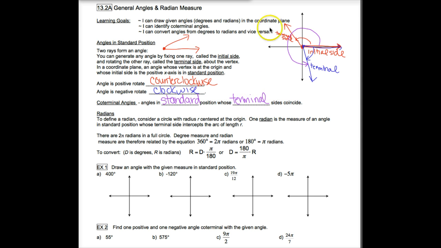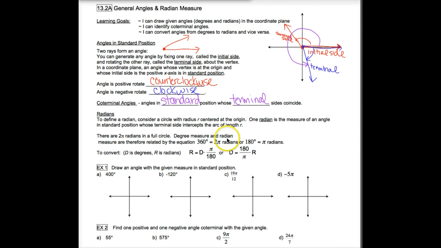A second new concept that we're going to be talking about is radians. And radians, sometimes people forget what they are because they think it's just a different mode on the calculator, which it is a different mode on the calculator. We made sure in our 13.1 lesson that our calculators were in degree mode.